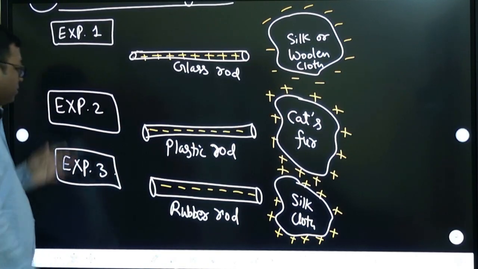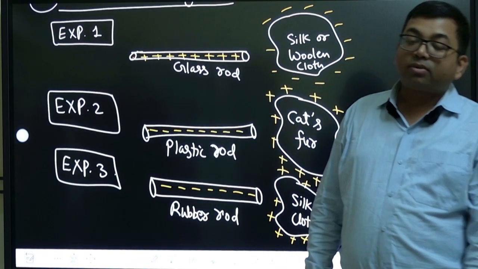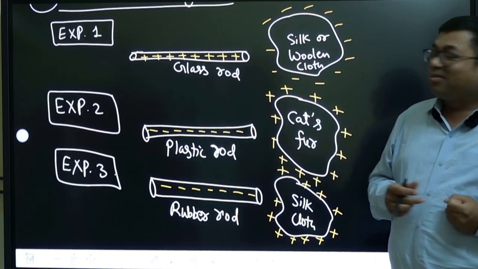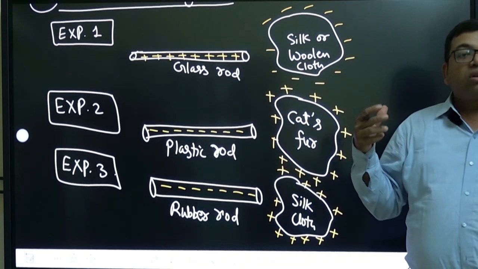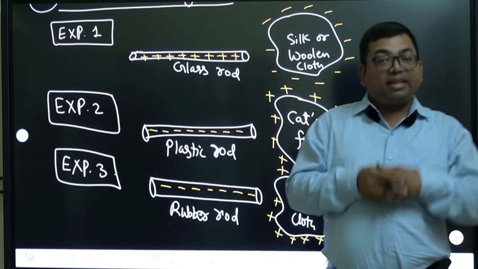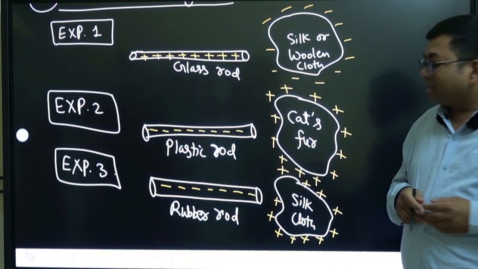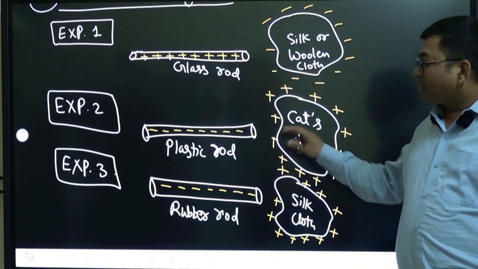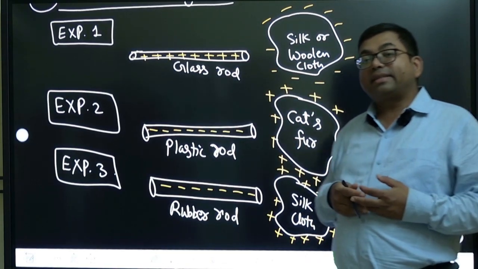So how did they know that the charges are developed? They did not first see charges, they saw forces, because after rubbing the glass rod with silk or woolen cloth, they start attracting each other. Similarly, the plastic rod, when rubbed with cat's fur, again attracts. So they thought that there are some different kinds of charges which are showing attraction.